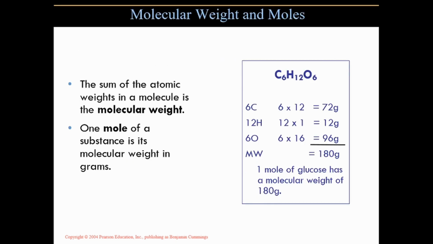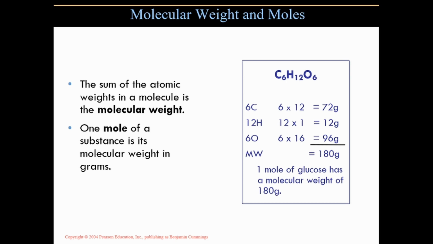Molecular weight and moles. I'm not going to spend much time on discussing the mole at all, really. I just want to show you how molecular weight is calculated. So I use the example of glucose. And if you look at the formula for glucose, C6H12O6, you have 6 carbons, 12 hydrogens, and 6 oxygens.